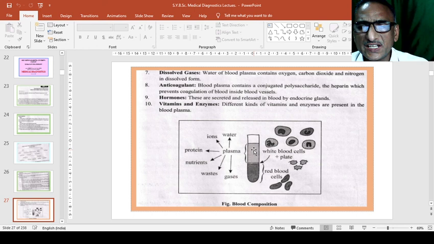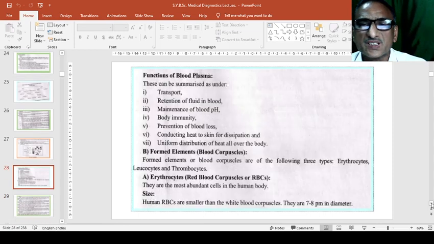In the upper layer you will get plasma which contains water, iron, protein, nutrients, waste, gases, and so on. In between these two layers, there is a thin layer of transparent creamy white jelly-like material which contains white blood cells or WBC. So this is the composition of the blood and identification of the cells by centrifuging the blood in the test tube.